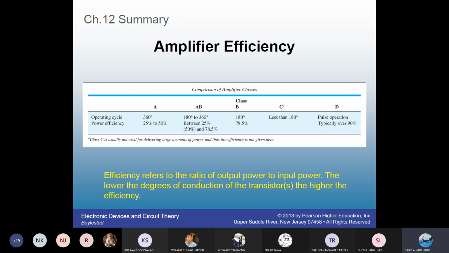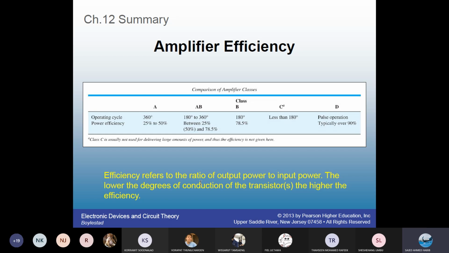The C will be less than 180. D is not defined as a cycle because it's a pulse operation, high or low. Also, there's a footnote. Class C is not usually used for large amount of power. In the radio communication circuit, you don't have high voltage and high current like the other one. Efficiency is not given here. It is not usually measured.